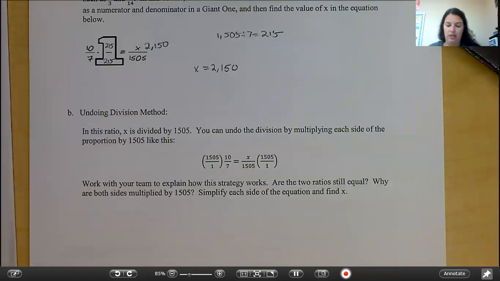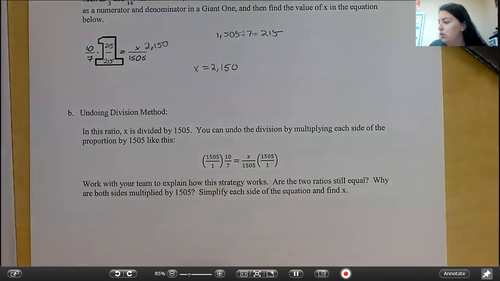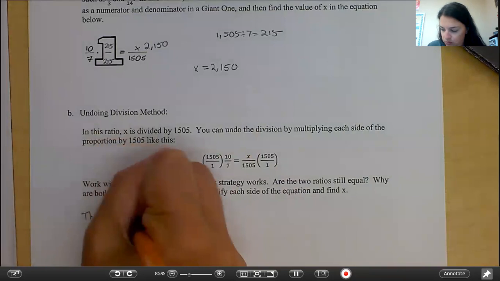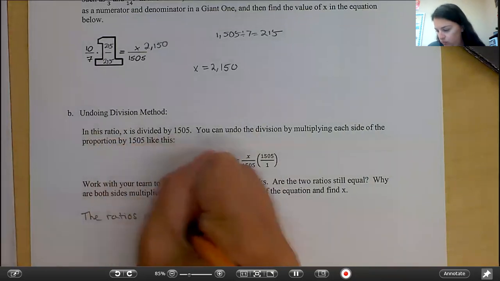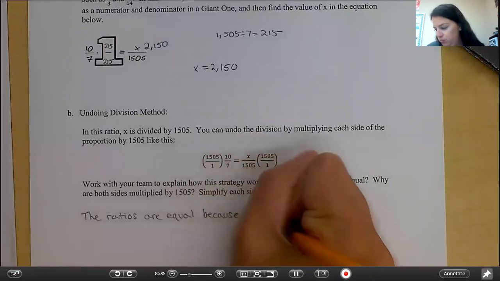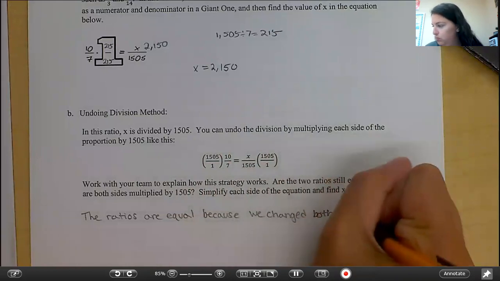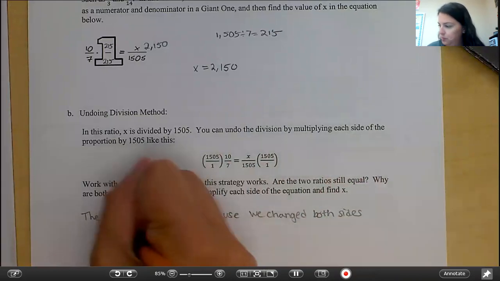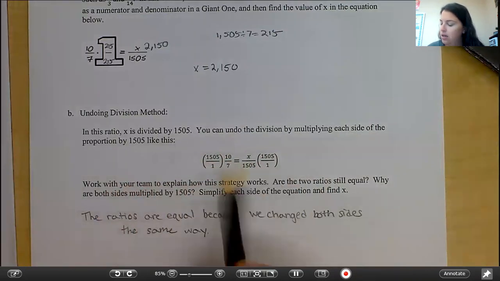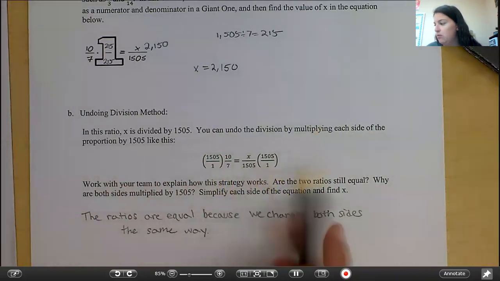Okay, if you're with me, you have done that. So we're going to talk about this. The ratios are still equal because we changed both sides the same way. Both sides end up being multiplied by 1,505, and then x is divided by 1,505.